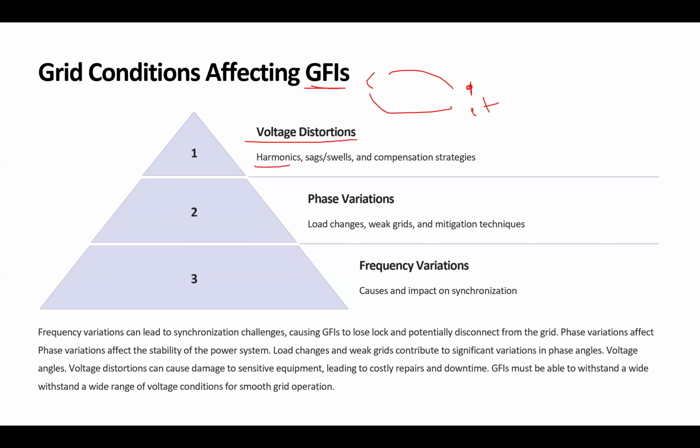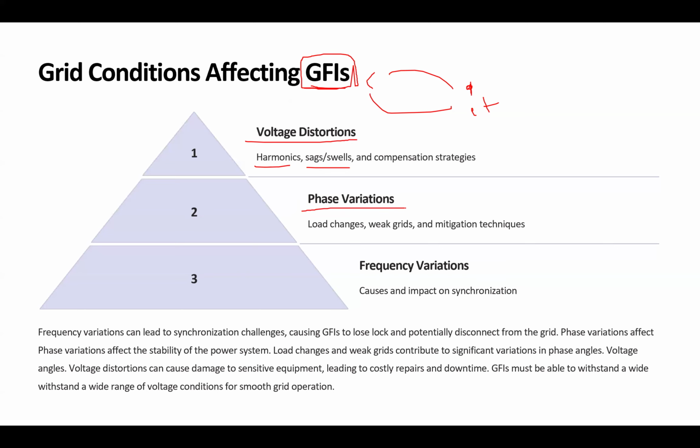If we have a harmonic, a sag or swell, or a voltage dip, any kind of voltage distortion could create misinformation and misguide our GFI on how to control and how to inject the power into the system. This is one of the disadvantages of the GFIs.